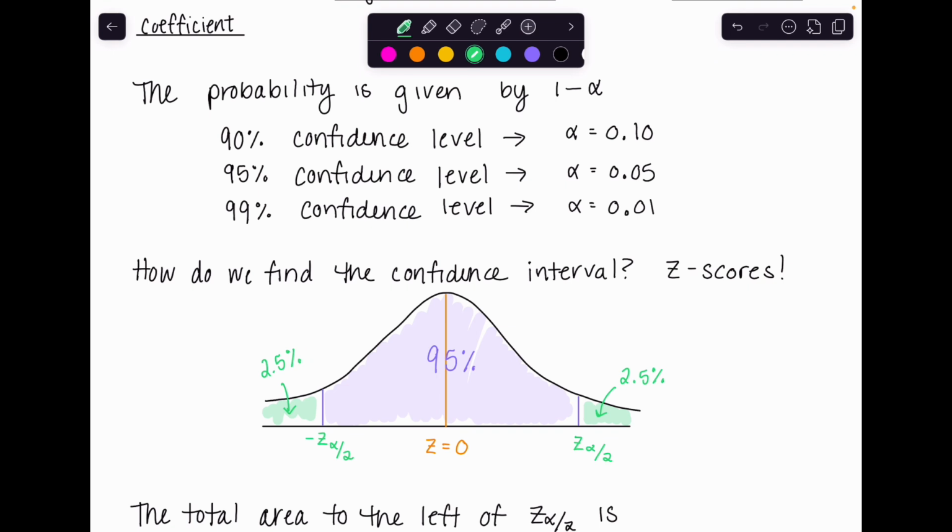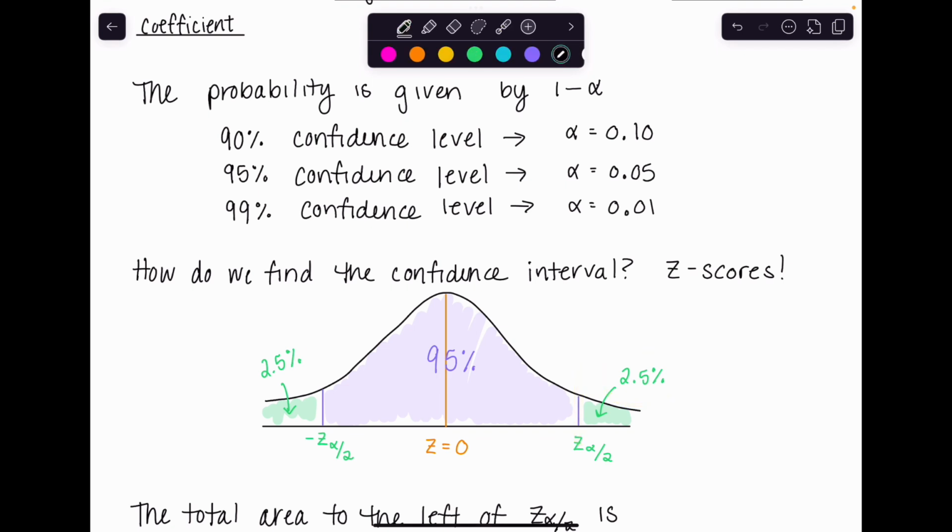So z alpha over 2 is going to correspond to whatever confidence level you're looking at. So if I want to know this particular z-score, that's going to be the separator. If I can find this one, it'll immediately tell me what this is. So if I want a 95% confidence interval, the area to the left of this would be everything except 2.5%.